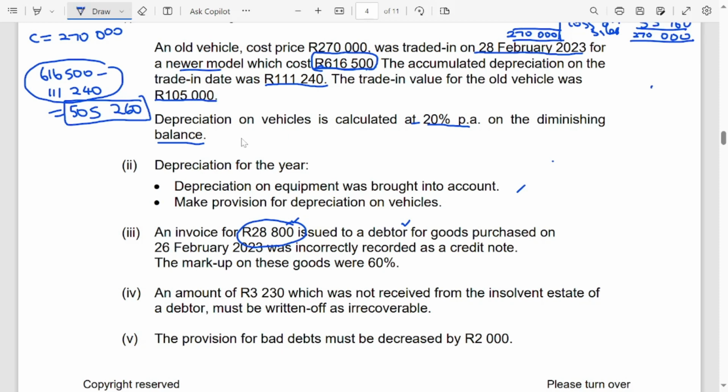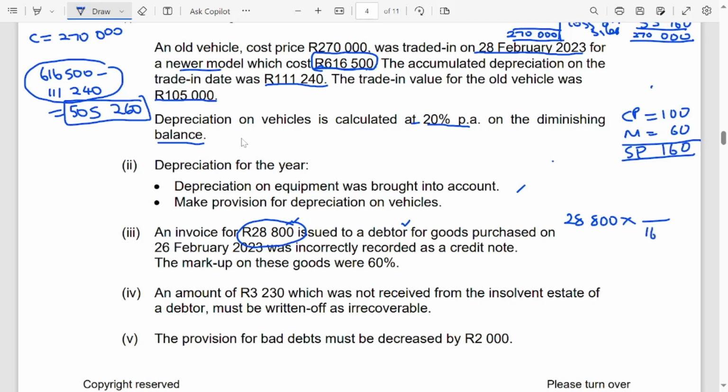So let's calculate 28,800 multiplied by... We have cost. The cost is already 100%. Markup is given as 60%. So the selling price is made up of cost plus markup, which is 160%.